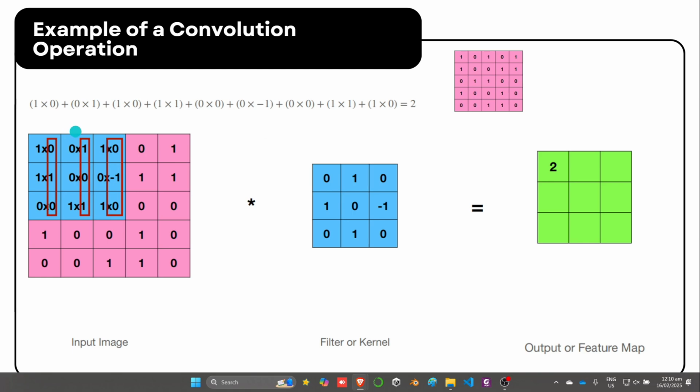It's just multiplication and addition. I'll step through the first calculation here, so I'll show you how we calculate the first, top left, value of our feature map.